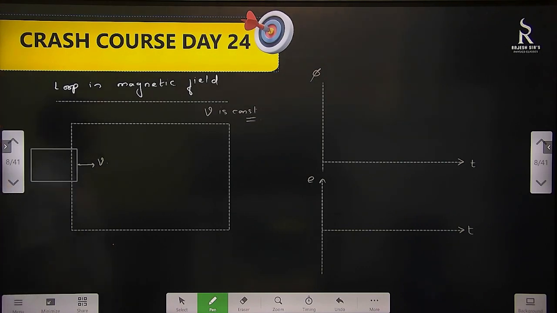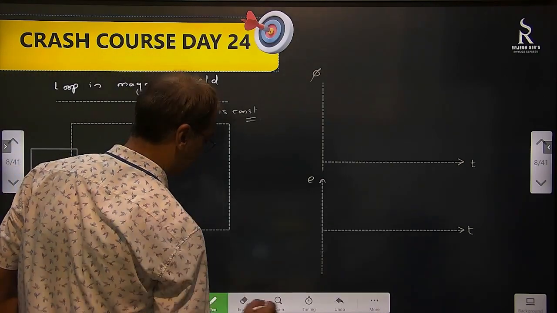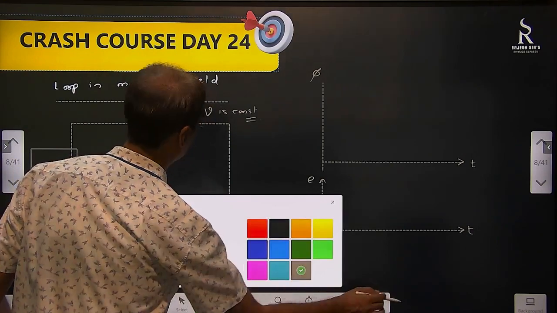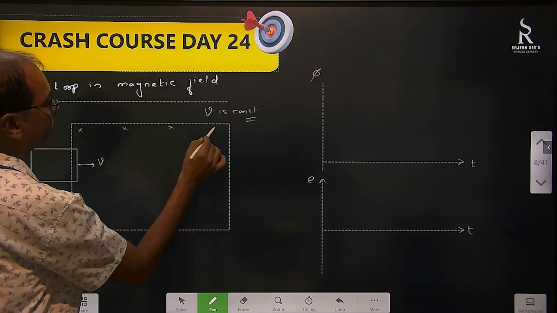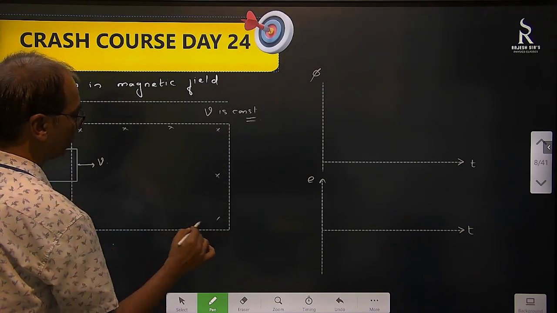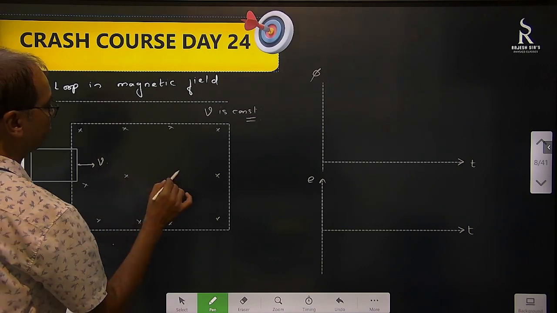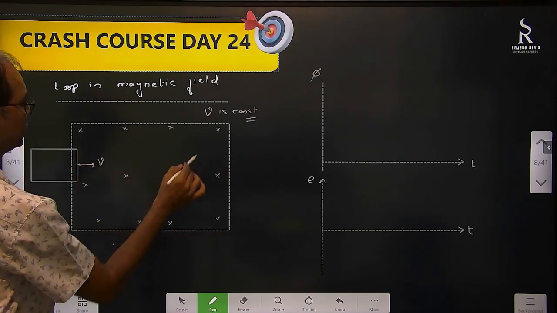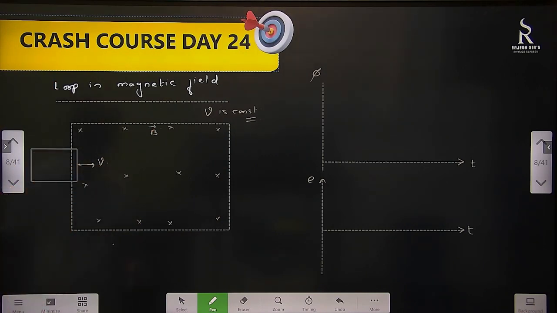Okay, so here we are. In this one, what's happening? A loop is there which is entering a magnetic field. This is the zone of magnetic field, and we have taken the magnetic field as into the loop, and this zone is inside, and this loop here is entering.